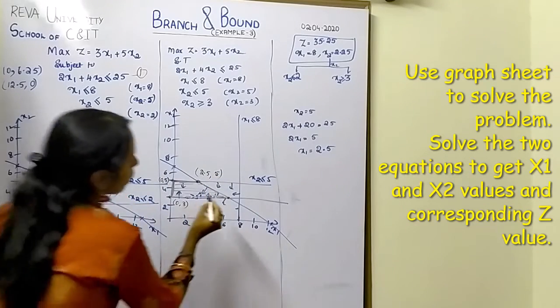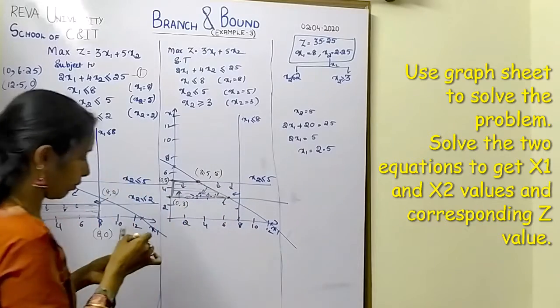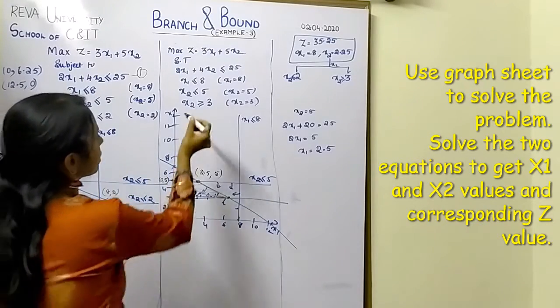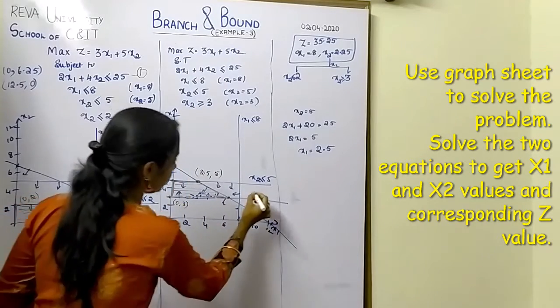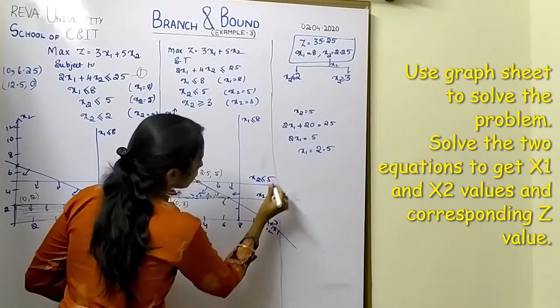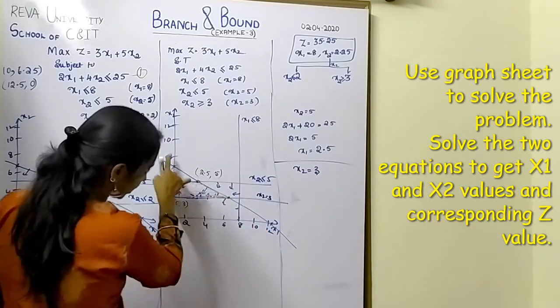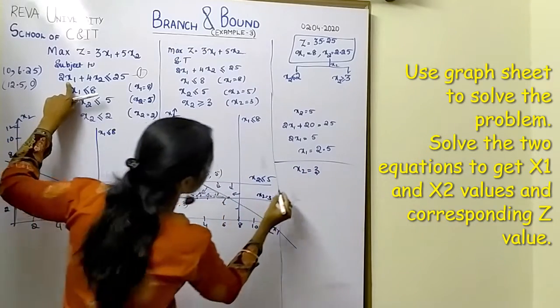Now to find out the point here, how will you do? Intersecting. What is this line represents? This line represents x2 is equal to 3. And what is this line? This line represents this.